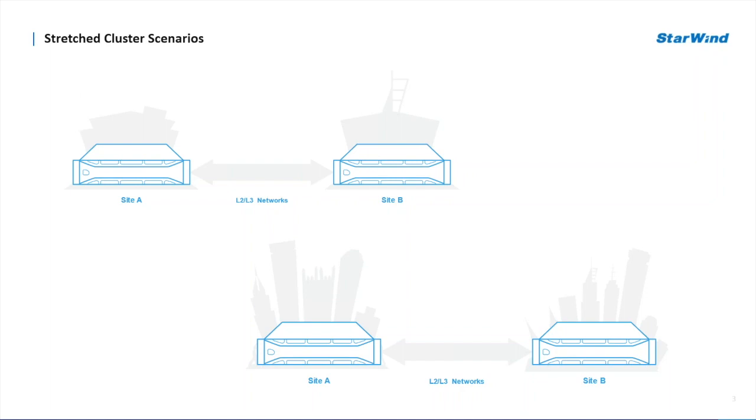The stretched cluster can be configured between buildings within the same district, but of course this configuration has some drawbacks. The main one, I guess, is called split brain. What if something happens with the network between the buildings?